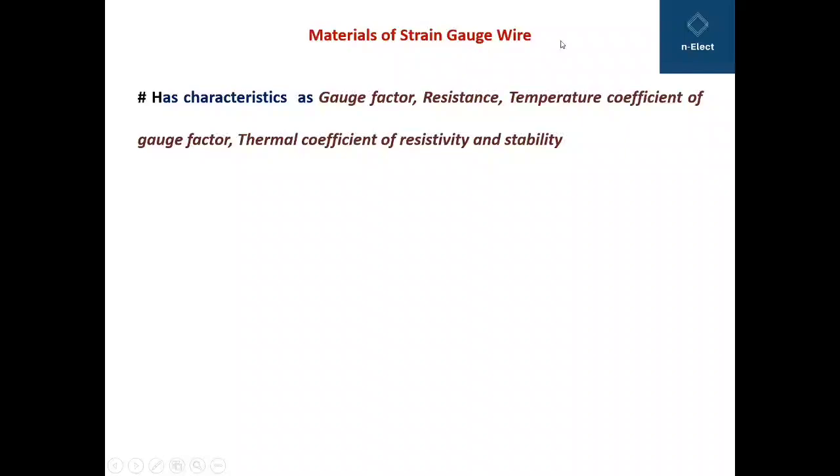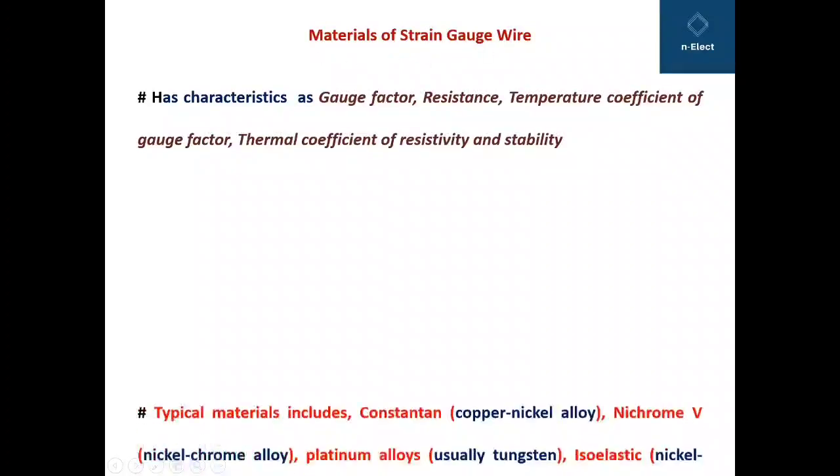Materials of the strain gauge wire. It has characteristics such as gauge factor, resistance, temperature coefficient of gauge factor, thermal coefficient of resistivity and stability. So these are the different characteristics exhibited by the material of the strain gauge wire.